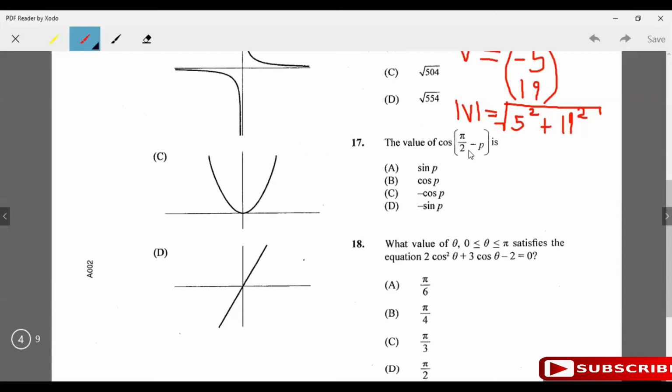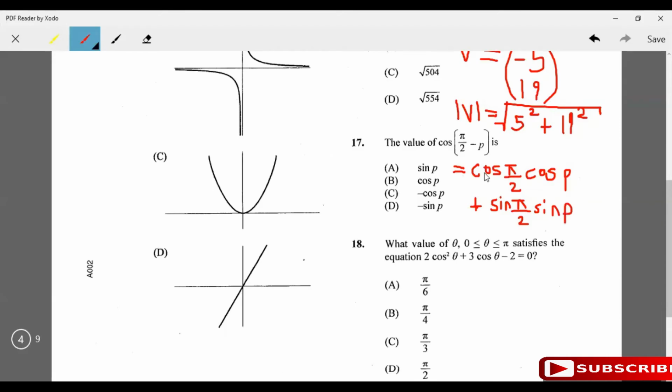We're going to use the compound angle formula. That tells us this is the cosine of pi by 2 times the cosine of p, and when it's minus, it becomes plus right here, plus the sine of pi by 2 times the sine of p.